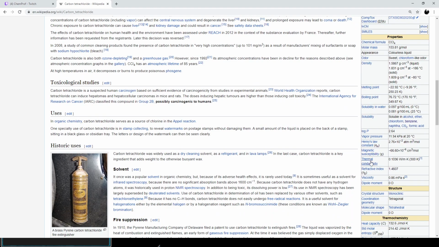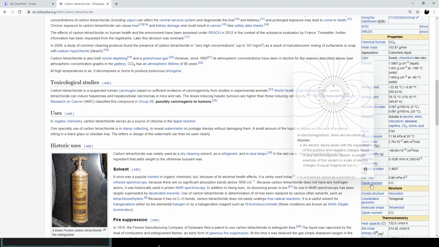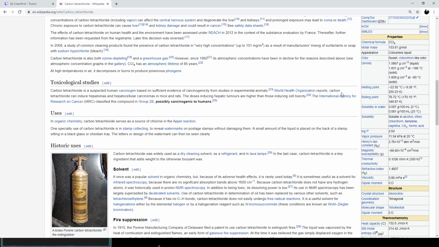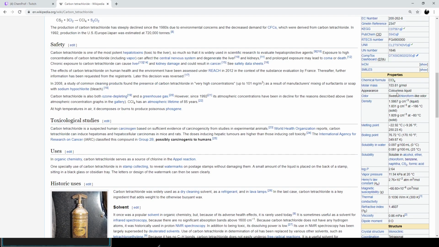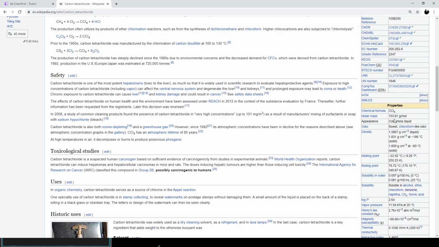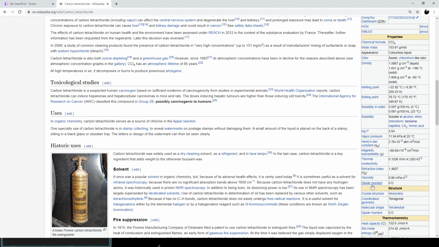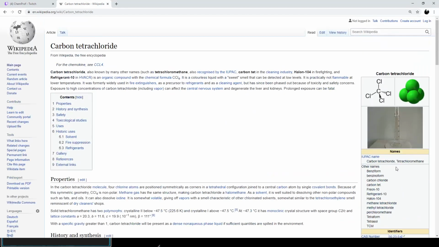If we go ahead and look, this stuff on the right tells you so much, by the way. You can always look up the molar mass. You can look up all these physical properties about things. But right now we're interested in the dipole moment. Notice it has 0 as its dipole moment.